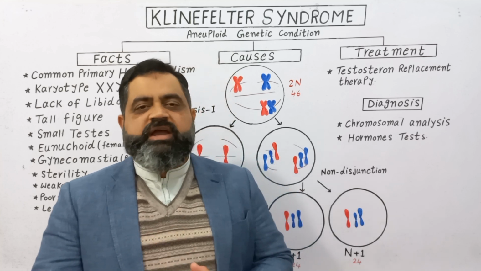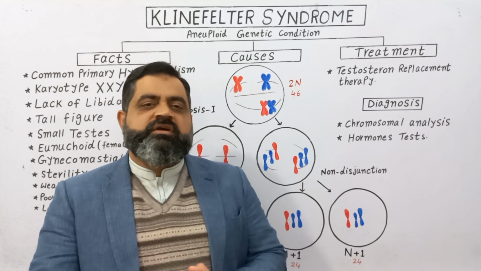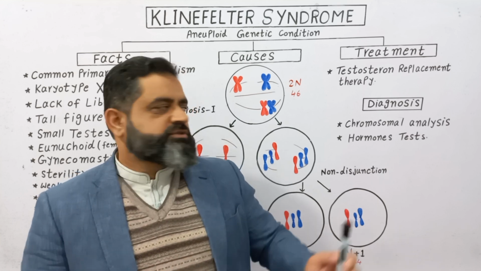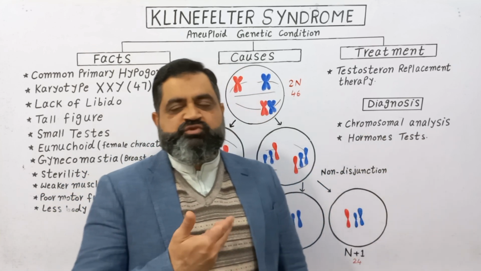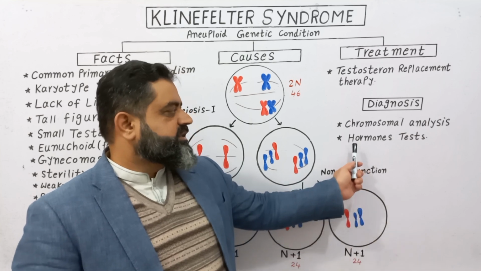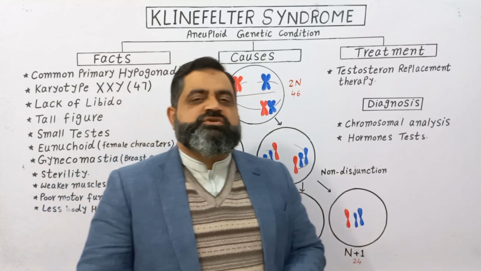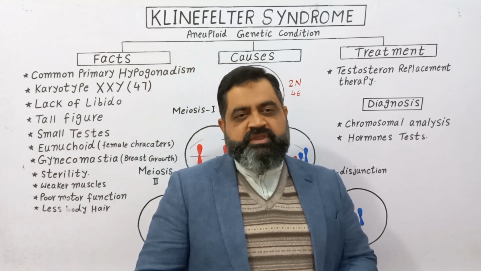So how can we diagnose that this child has Klinefelter syndrome? There are two methods to diagnose Klinefelter syndrome. Number one, chromosomal analysis, as we did right over here, and the second is a blood test, known as a hormone test, which shows a decreased amount of testosterone in the body.